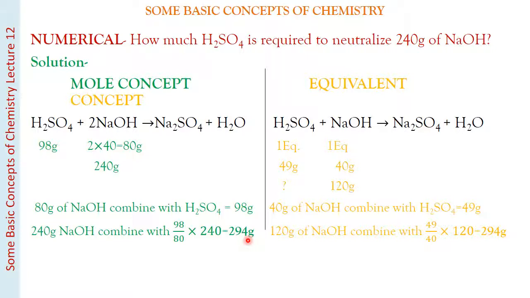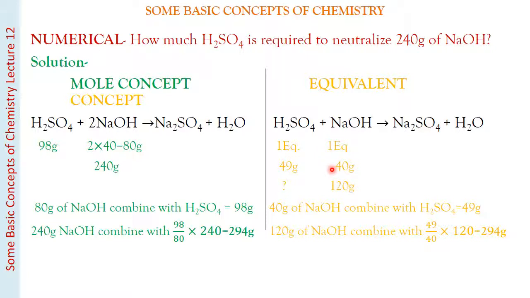Now, if on the same question we apply the equivalent concept, then what do we get? First of all, we do not have to balance the reaction. Then we say that 1 equivalent of the acid is going to neutralize 1 equivalent of the base. And one equivalent of H2SO4 is equal to 49 grams, and one equivalent of NaOH is 40 grams.